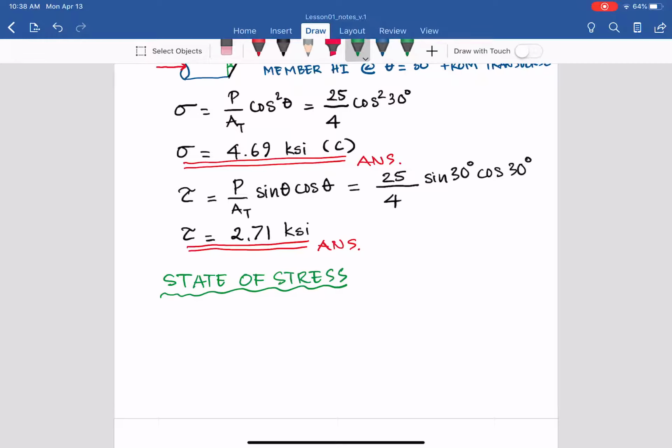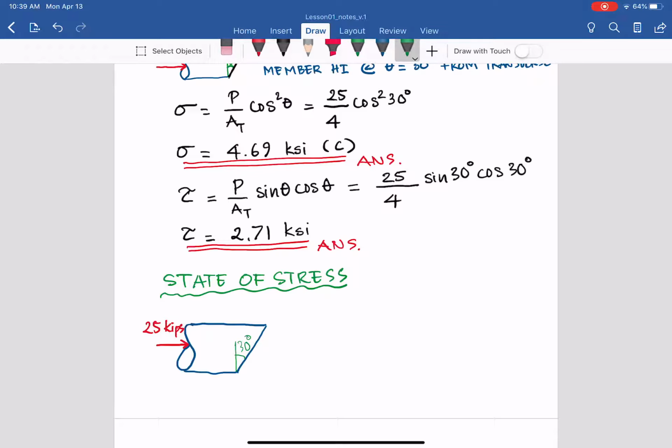So let's redraw that member. We have here the angle theta, and the force 25 kips, and the cut with the angle 30 degrees.